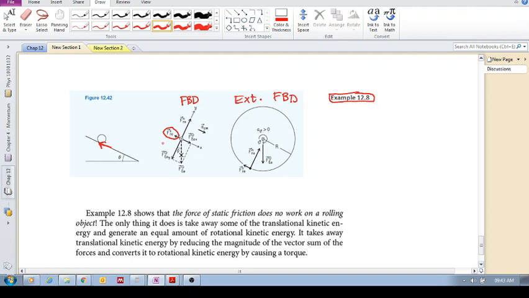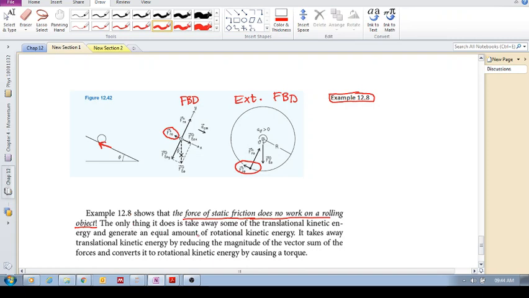Okay, so there's your friction force in your free body diagram, and there's the friction force in the extended free body diagram. And so here's a nice paragraph. The force of static friction does no work on a rolling object. So you need to make sure you go and check out example 12.8 to see why it does no work. Okay?